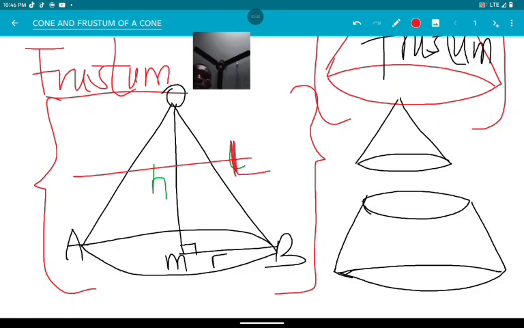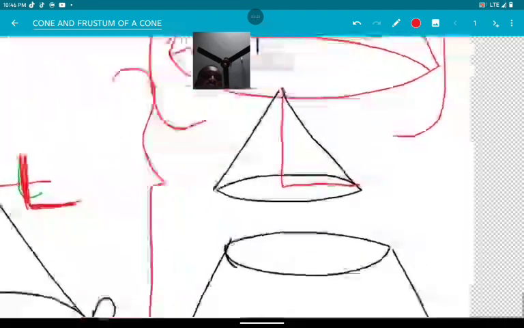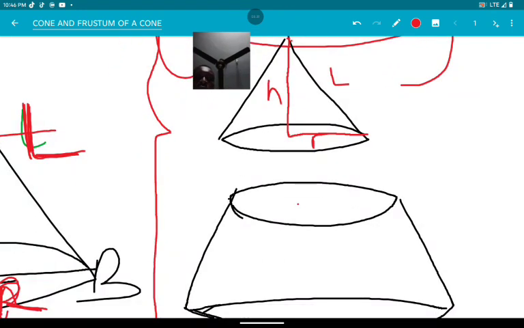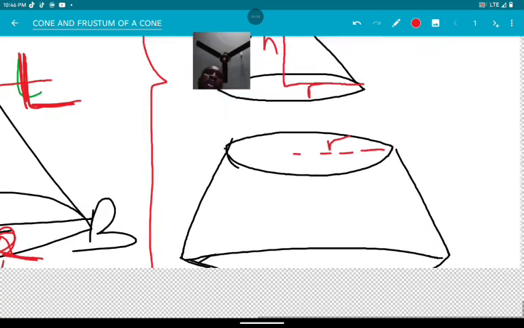So this becomes capital L, this becomes capital H because this is the full cone, while the radius becomes capital R. When we cut the cone off, we have a smaller cone plus the frustum. For the smaller cone, let's call this small l, small h, and small r. Of course, we have a radius here, the same as the one above.